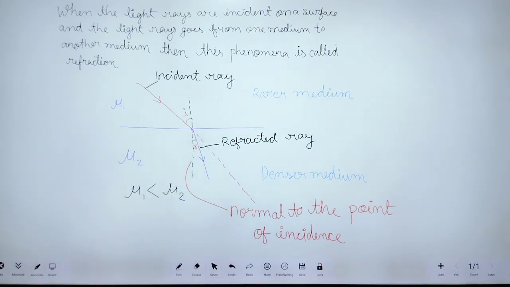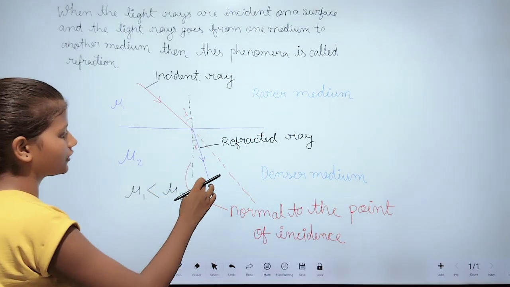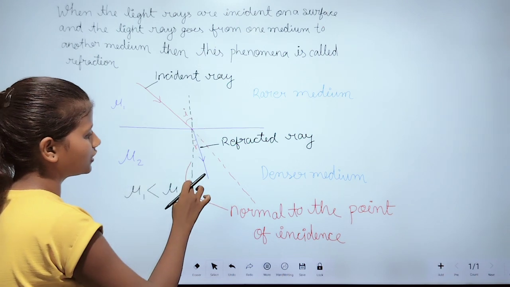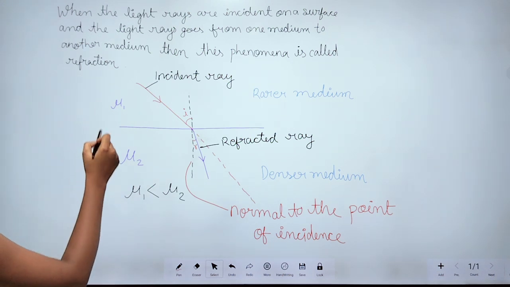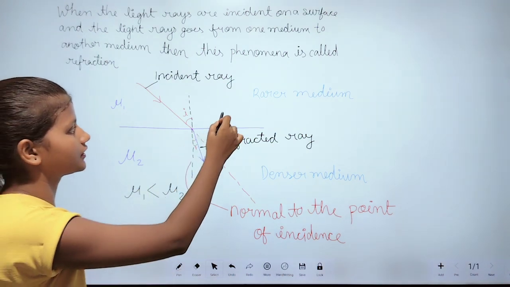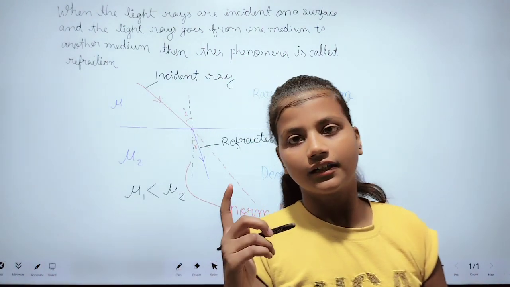Here this one is our incident ray and this one is our refracted ray. This one is normal to the point of incidence. And here mu1 is less than mu2. Why? Because mu1 is the rarer medium and mu2 is the denser medium.